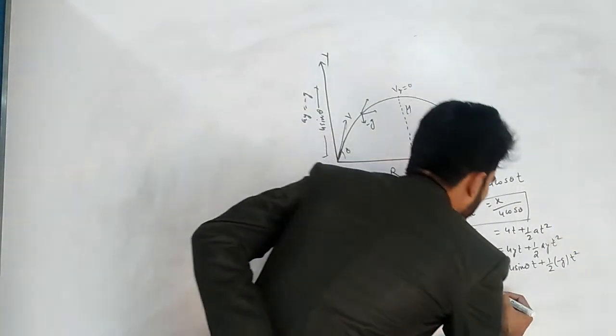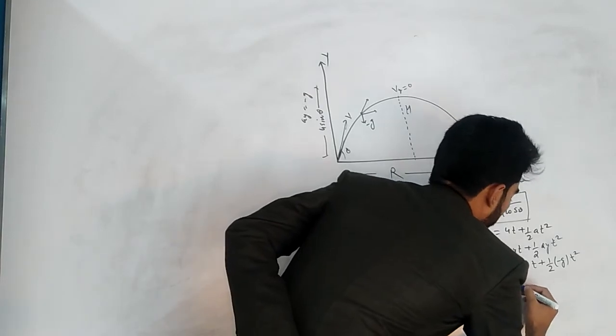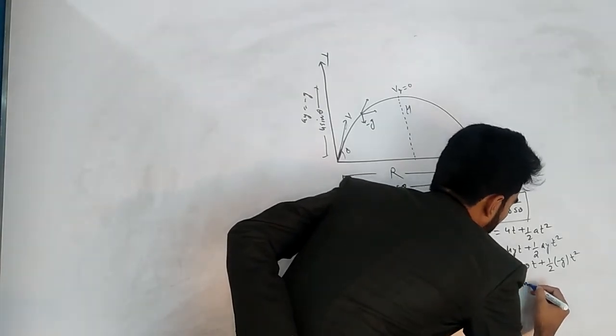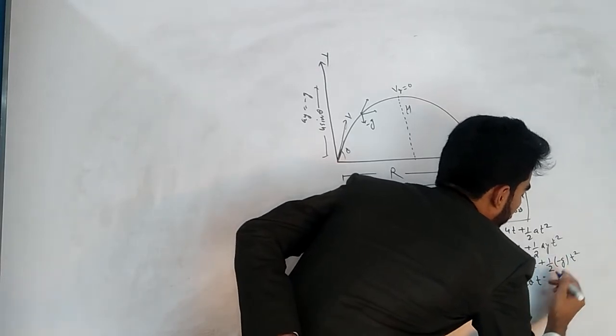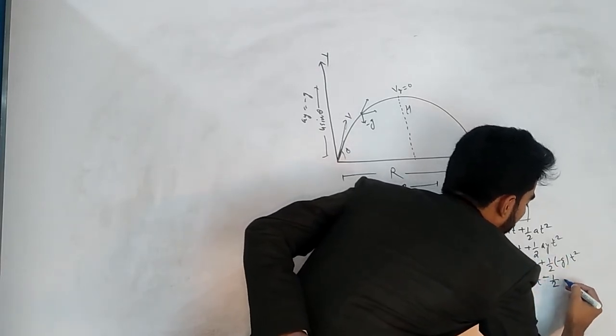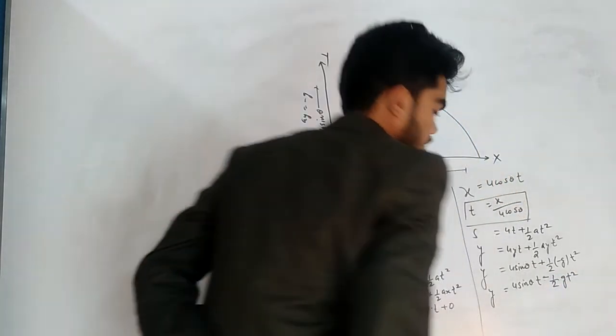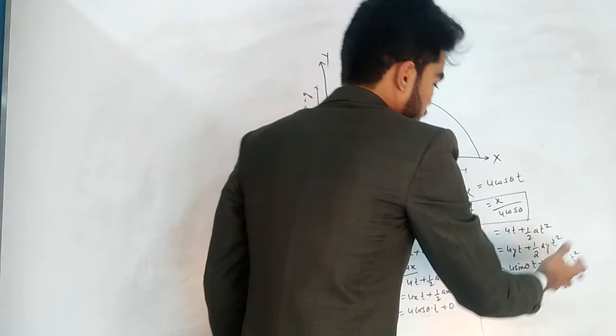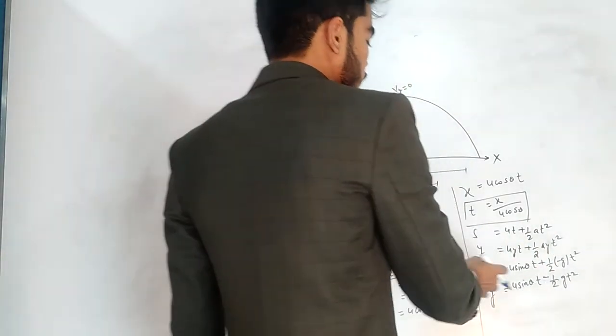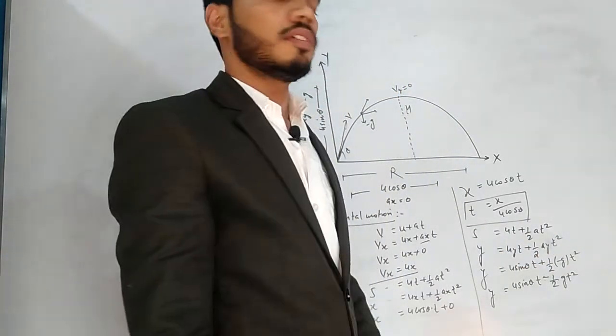So y is equal to u sine theta into t plus half into minus g into t whole square. So easily we can find out half gt square. So y is equal to u sine theta into t minus half gt square.